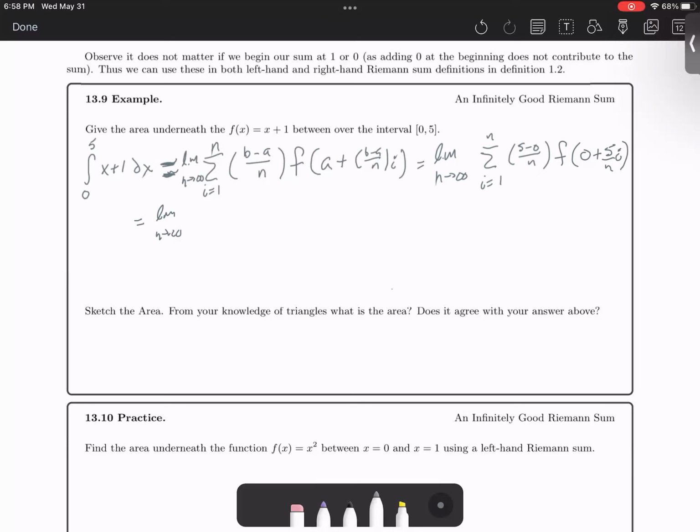For instance, that 5 minus 0 over n, let's just write that as 5 over n. And 0 plus 5i over n is just 5i over n.